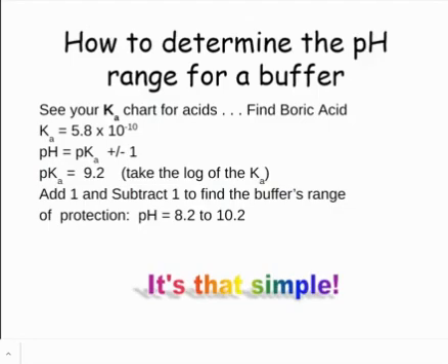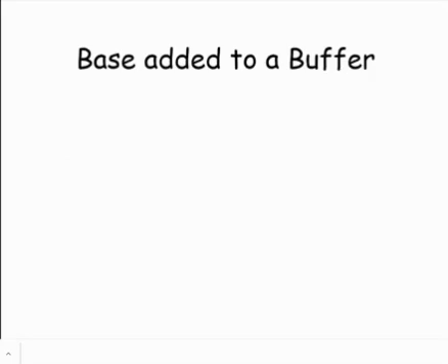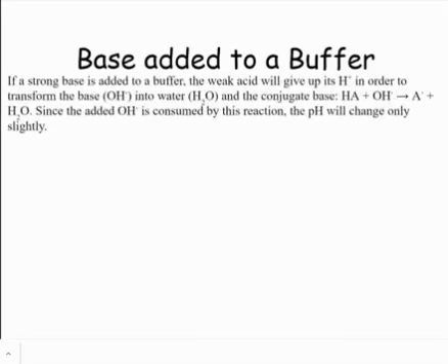At least for us at this stage, we're just going to learn about what makes a buffer and how it works. So here's what happens. How does this work? Well, let's say you add a strong base. Remember, strong bases have neutral cations. So when you add a strong base into the solution, the OH minus is the only thing that is a concern to us.